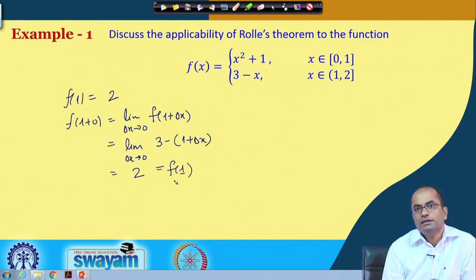So, the function is continuous in this interval 0 to 2.